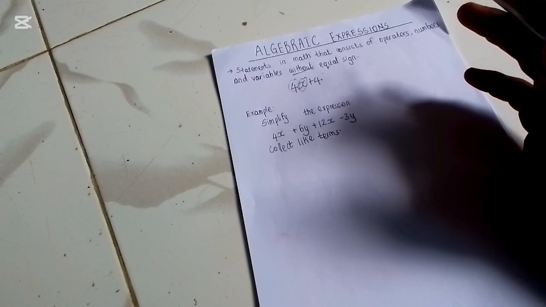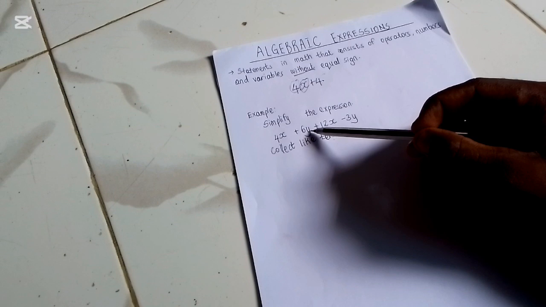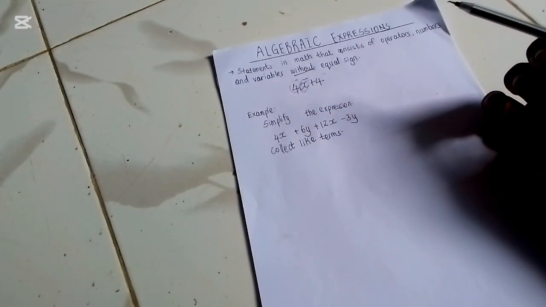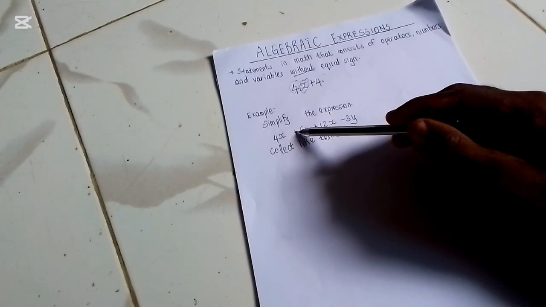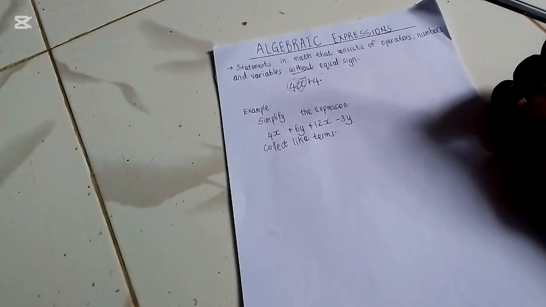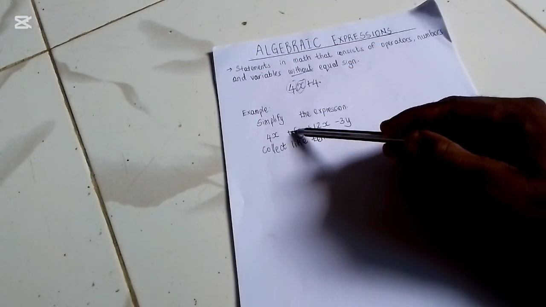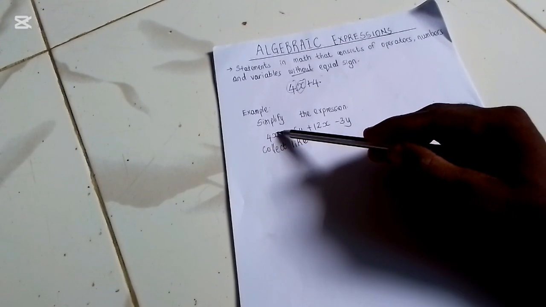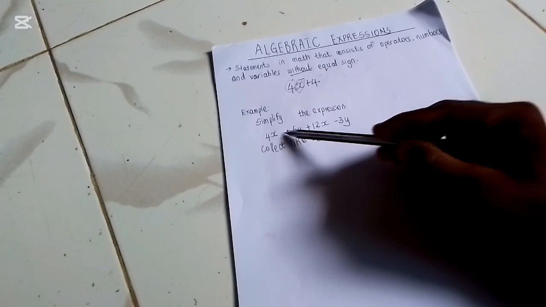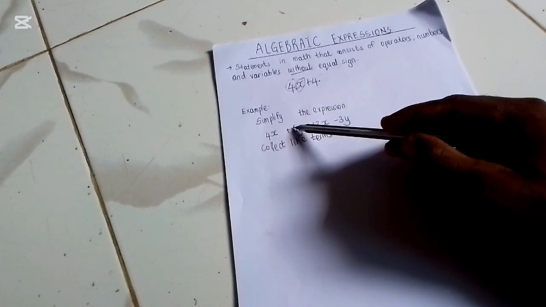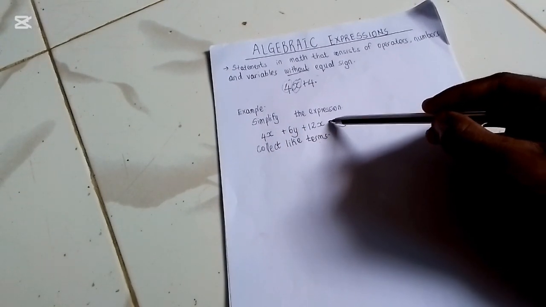A term is a set of a number together with its variable, the coefficient and the variable, or we can say it's a set of numbers and variables that are separated by the operators addition or subtraction. So here we have 4 and x and an addition sign. So this itself is a term. Also this one is a term because it's separated from other terms by an addition sign. Even this one is a term because it's separated from other components of the expression by subtraction.